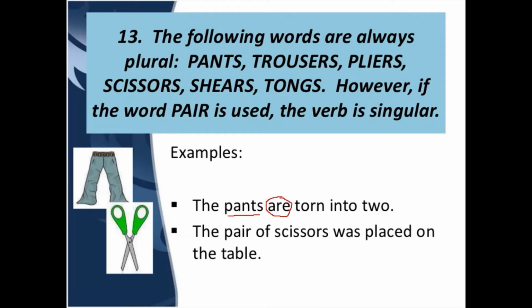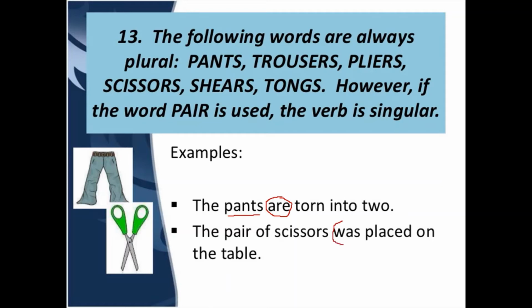However, if this plural noun is preceded by the word pair, the entire subject becomes singular. Like the next example. In the next example, the verb used is "was".